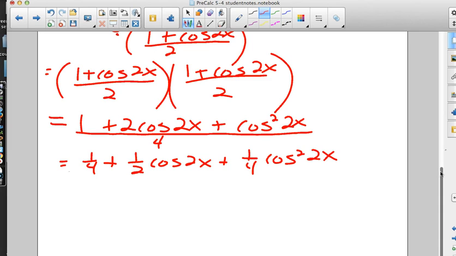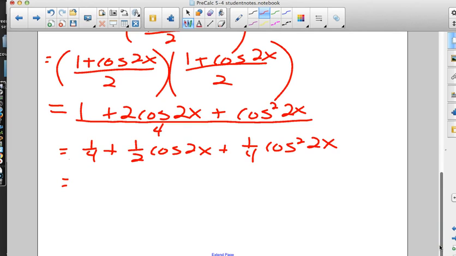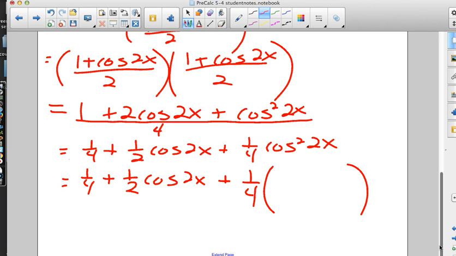But we already know what to substitute in for cosine squared 2x. So we need to substitute one more time. 1/4 plus 1/2 cosine of 2x plus 1/4. We have the formula. 1 plus cosine 2x over 2. Looks like that.